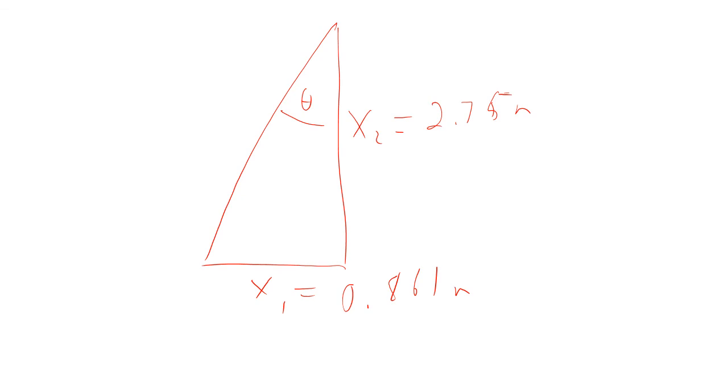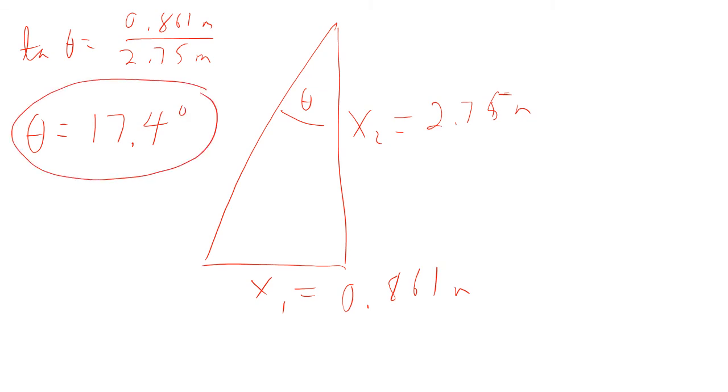Tangent of theta is going to be the 0.861 meters divided by the 2.75 meters, opposite over adjacent. So we work backwards and we find that theta is going to be equal to 17.4 degrees. And so that was the angle.